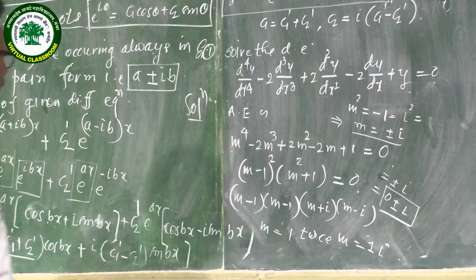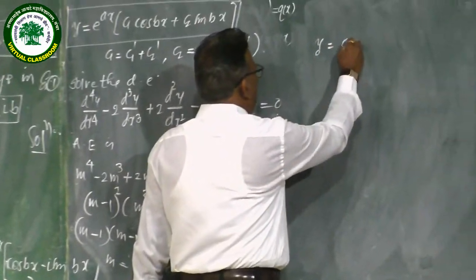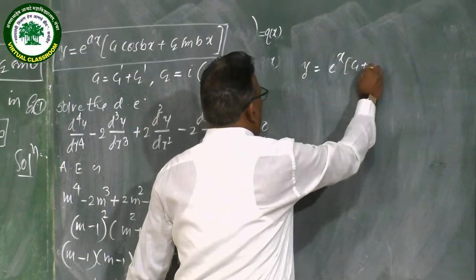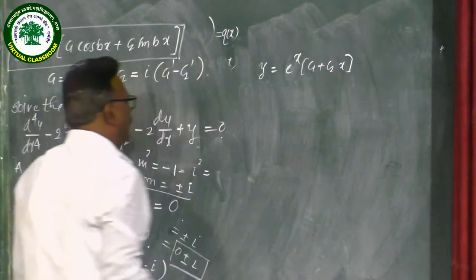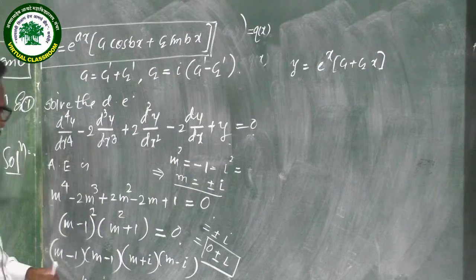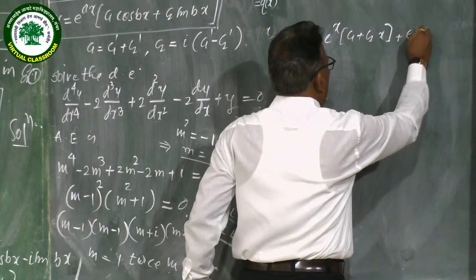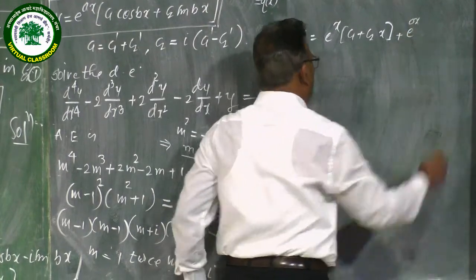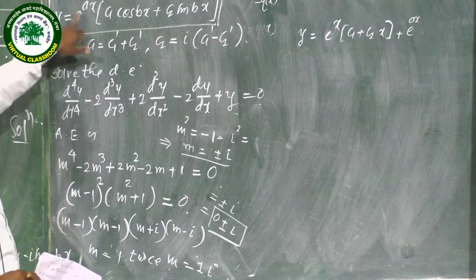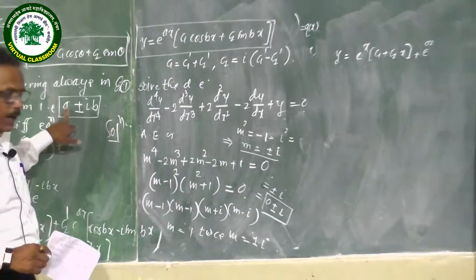Then the solution of this differential equation will be y = eˣ(c1 + c2x). When m is repeated 2 times, the solution will be of this type, plus e^(ax) with a = 0, so e^(0x). Try to understand what happens here: e^(ax) means the roots are a + ib.